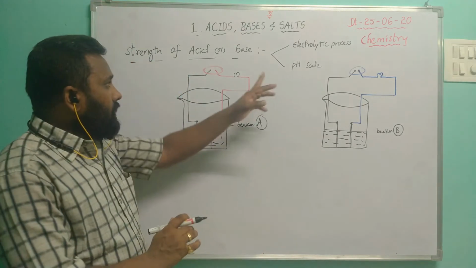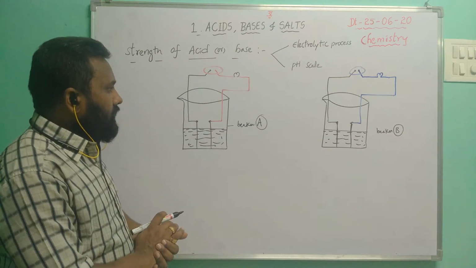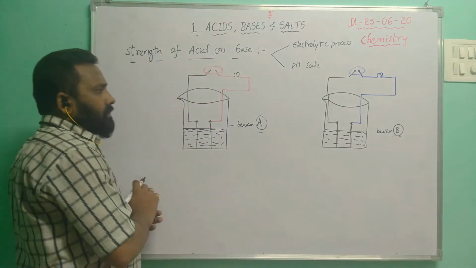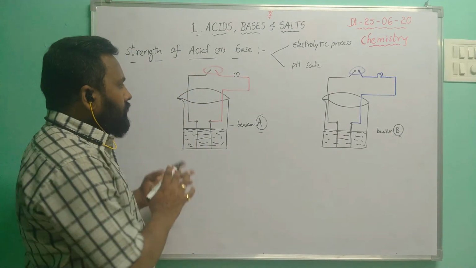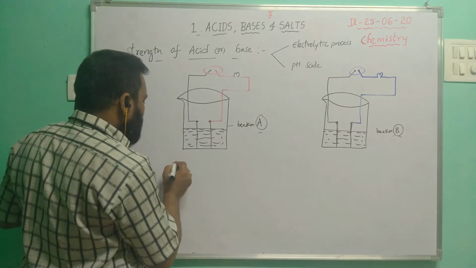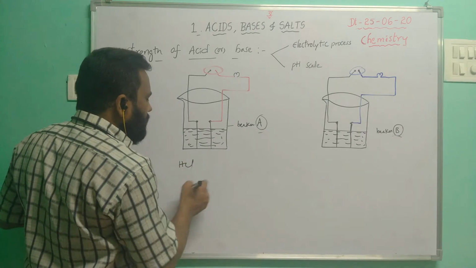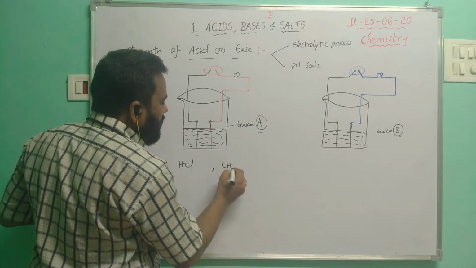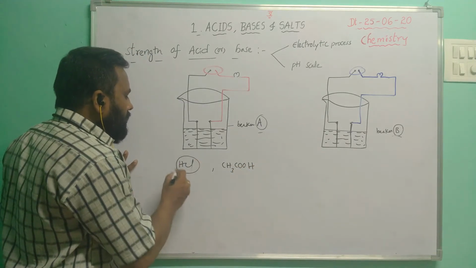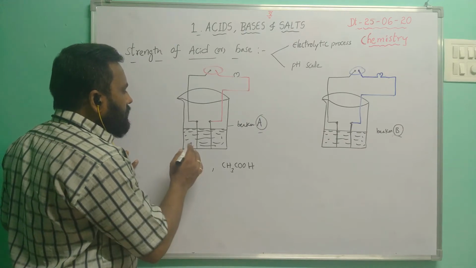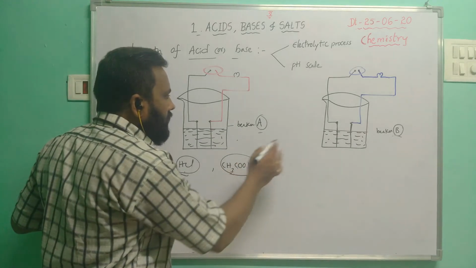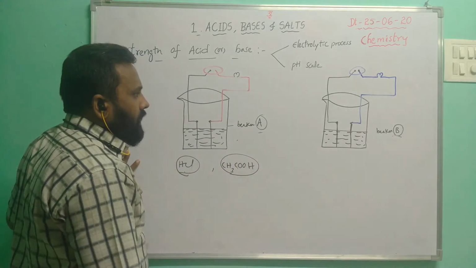In the electrolytic process, we take two beakers, beaker A and beaker B. Take two acids: HCl and acetic acid, CH3COOH. HCl is taken into beaker A and CH3COOH into beaker B, as shown in the figure.